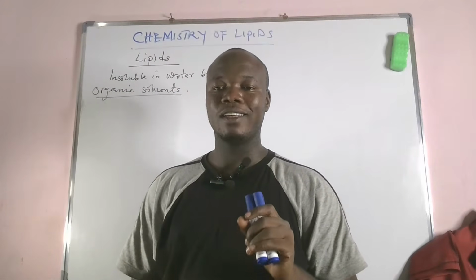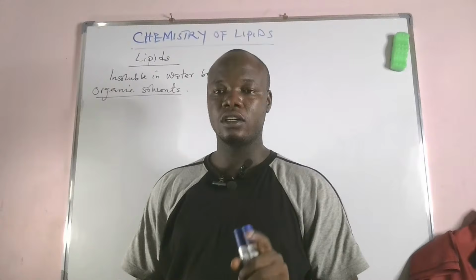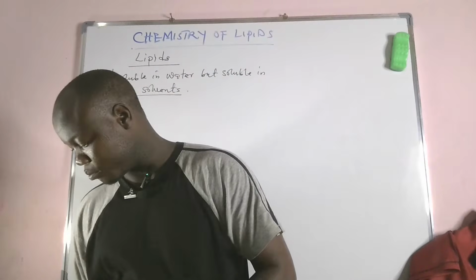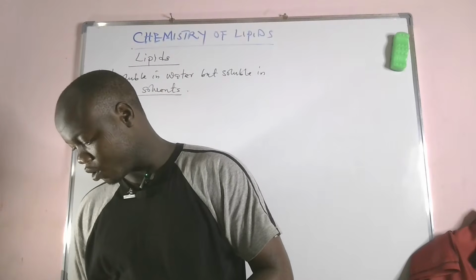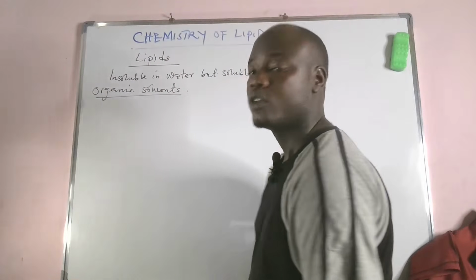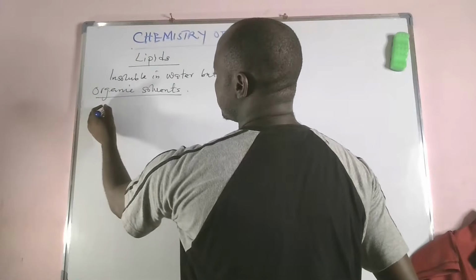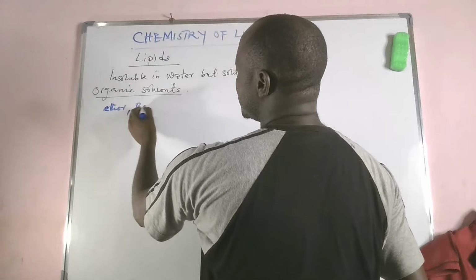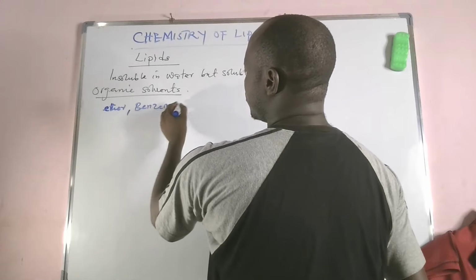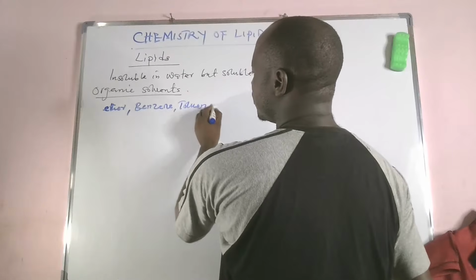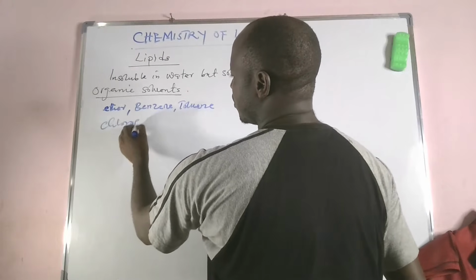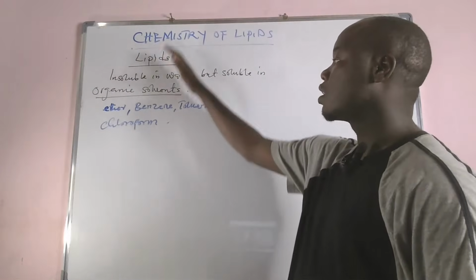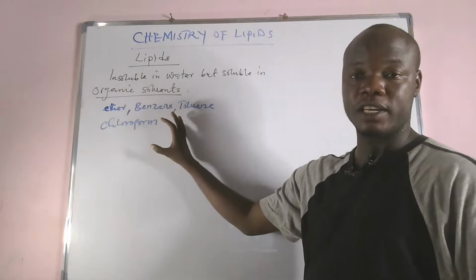Chloroform. Ether, not ester. Ether and benzene. Yes, I agree that those are examples of organic solvent. So examples of organic solvent, we have ether, number one, we have benzene, we have toluene, we have chloroform. All these are examples of organic solvents that are used in dissolving lipids.